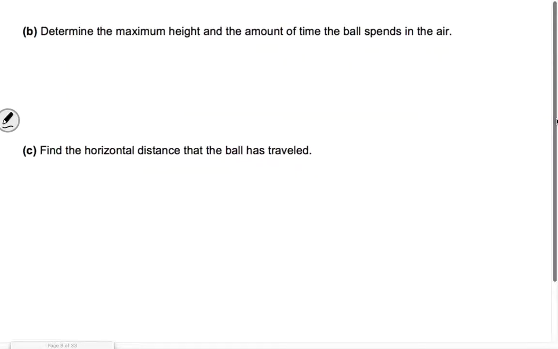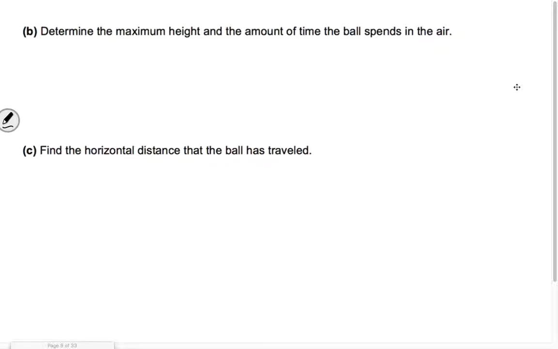All right, so B: determine the maximum height and the amount of time the ball spends in the air. So how do I get the maximum height? Well, I have my height equation, my position equation. I could take the derivative and set it equal to 0. In other words, what am I setting equal to 0 to find the maximum height? I'm setting my velocity equal to 0.